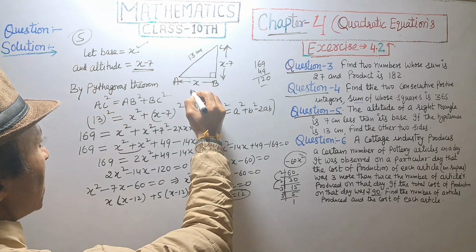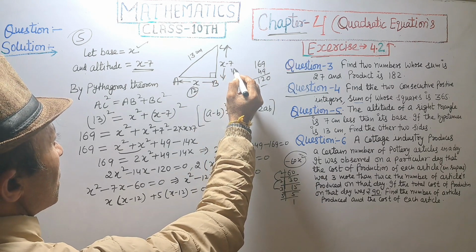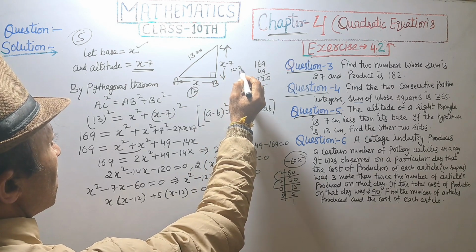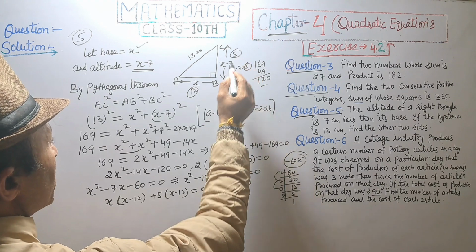We get the base equal to 12, and 12 minus 7 is equal to 5, so the altitude is 5.